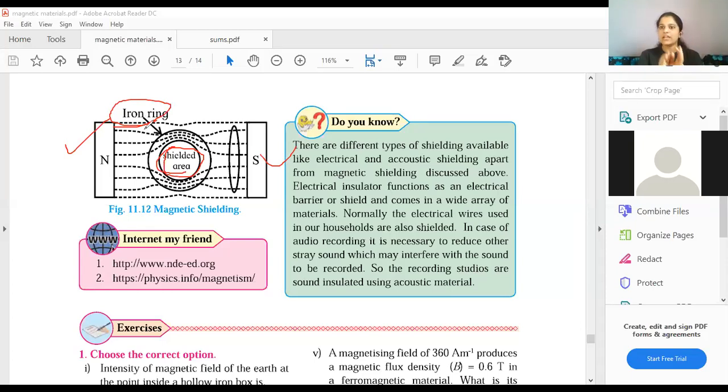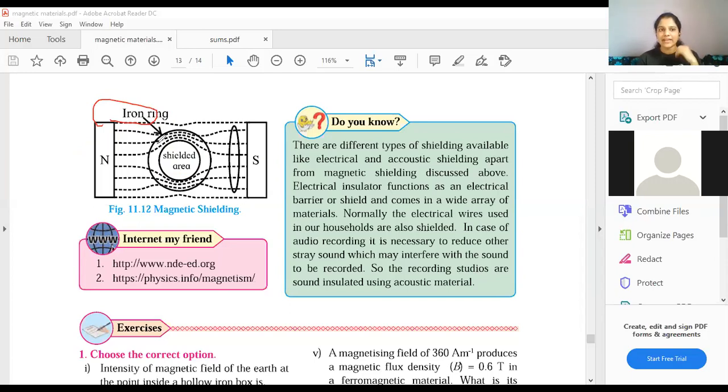If there is some material that you don't want to be affected by the external magnetic field, simply keep an iron ring around that material. This iron ring acts like a shield. Why? Because we know that iron, soft iron or hard iron, is a good magnetic material, right?